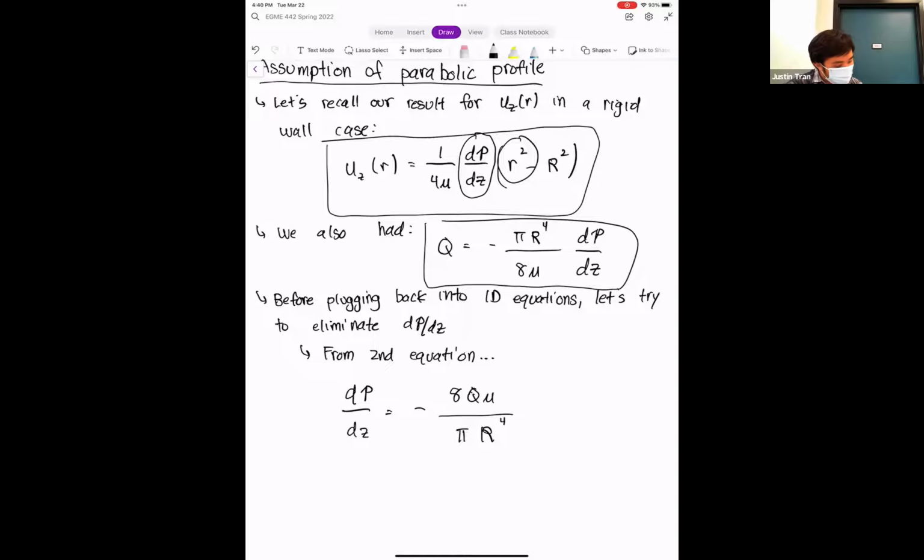Let me do one more thing here, just because we're also interested in solving for area. I'm going to take the bottom here and note the fact that it can be rewritten as pi r squared times r squared. Pi r squared here is just the area. And so let me rewrite this as minus 8q mu divided by A r squared.